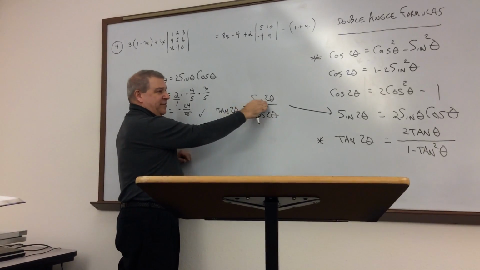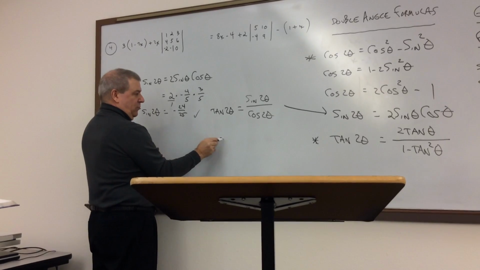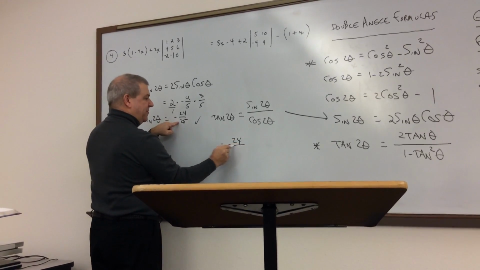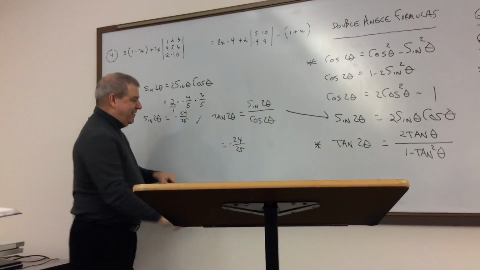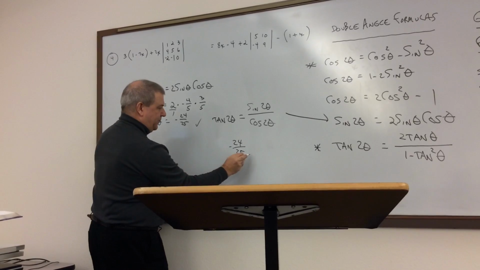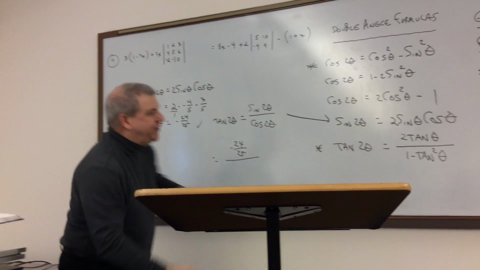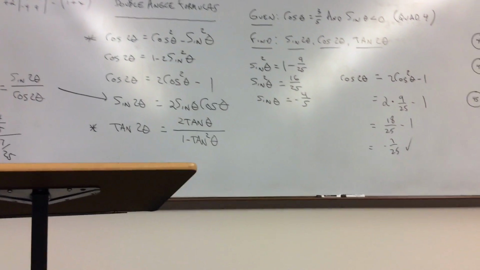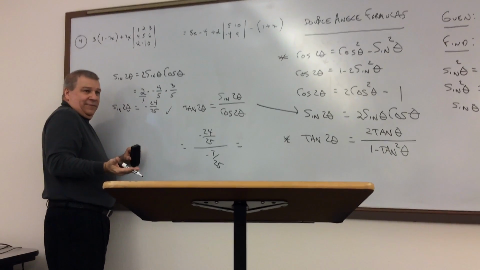So the tan of 2 theta is the sine of 2 theta over the cosine of 2 theta. So, what's the sine of 2 theta? Negative 24/25. Now, divided by cosine of 2 theta, which we just found over there to be negative 7/25. Multiply by reciprocal, right?